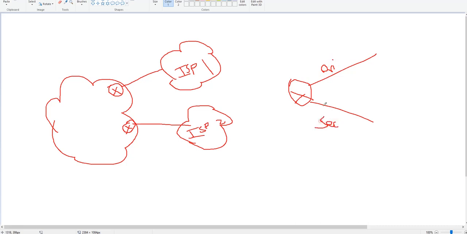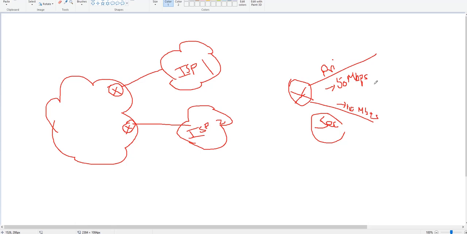Let's say the primary link supports 50 Mbps of bandwidth, and the secondary link has a bandwidth of around 10 Mbps. So based on that, you have chosen the plan provided by the ISP.